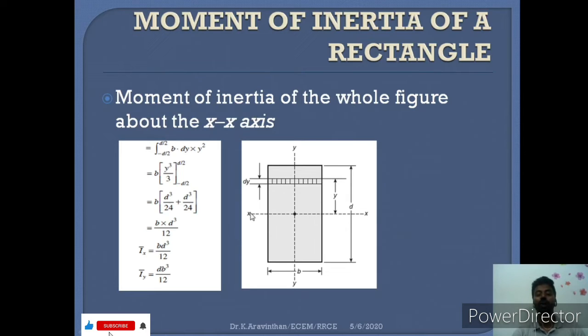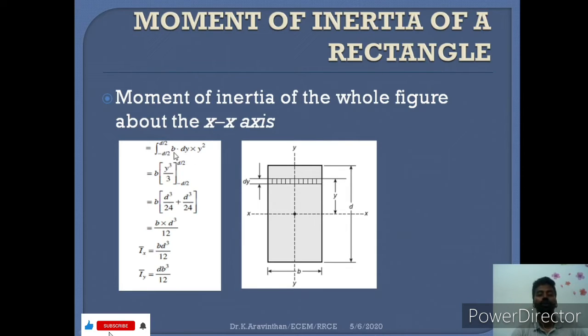Here the 1 1 plane and the xx axis both coincide. That is why the 1 1 axis is not being considered. Both are the same. That is why it is mentioned here as moment of inertia of the whole figure about the xx axis. So we are considering from the xx axis, and that is why the 1 1 axis is not indicated here.